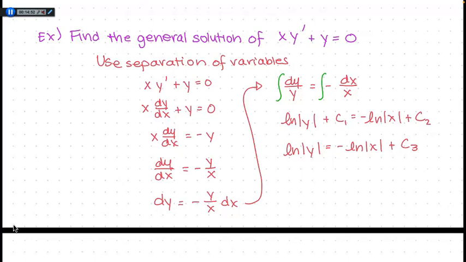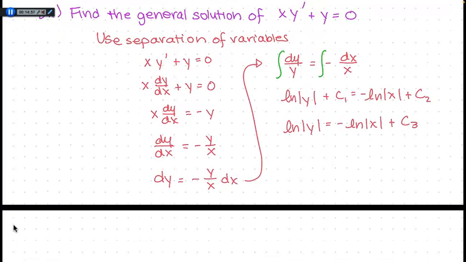Exponents, yeah, very good. Since this is base e, this is natural log, let's just raise each side to the power of e. So let's do e to the natural log of the absolute value of y is equal to e to the negative natural log of x plus c.